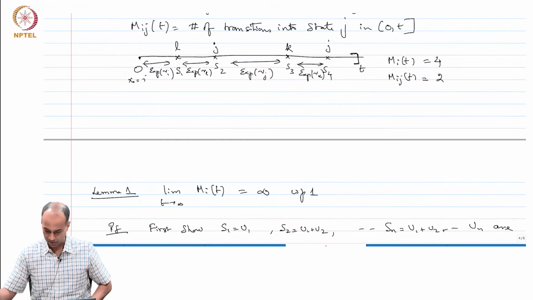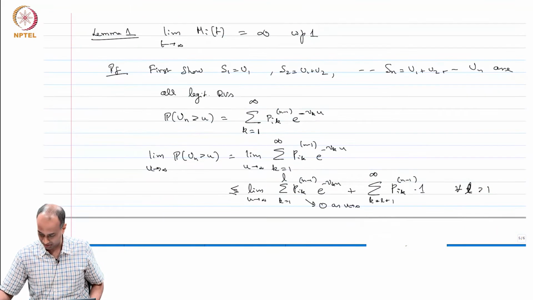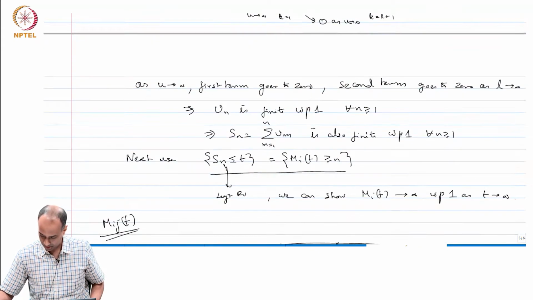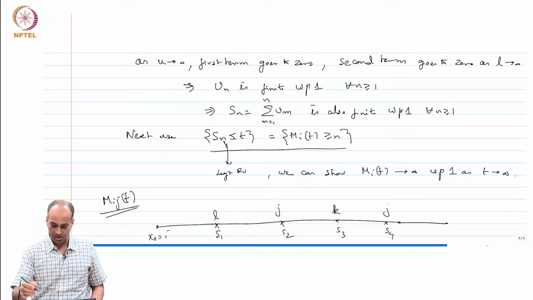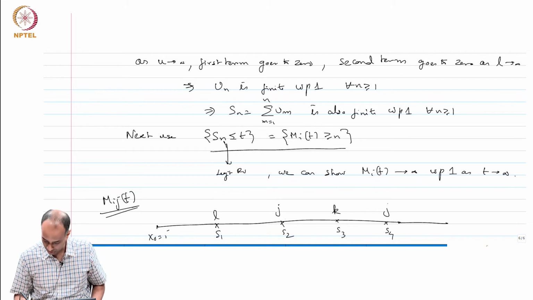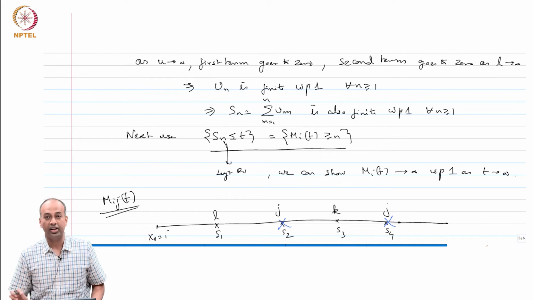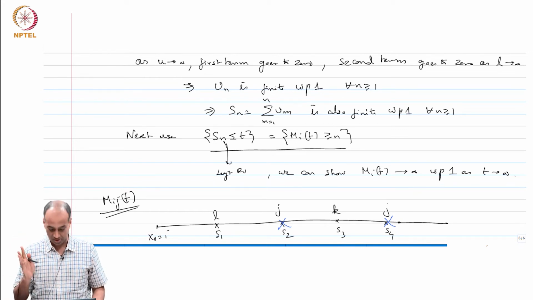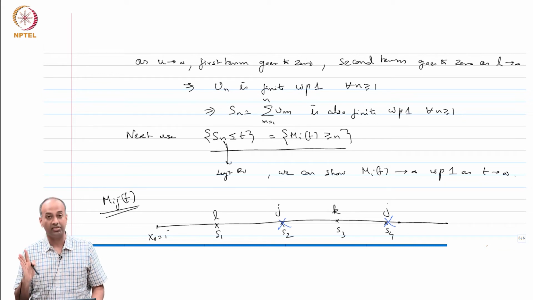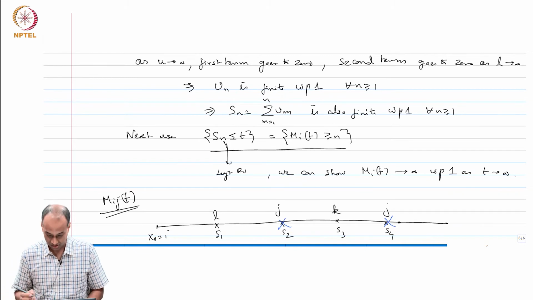I am going to get into some different states L, J, K, J, whatever, right. So, I am here in state L, here in state J, state K, state J, and so on. Now, what am I going to show? I am going to show that these instances of entries to J constitute a delayed renewal process. So, you are going from i to j first and then j to j, right. These constitute a delayed renewal process.